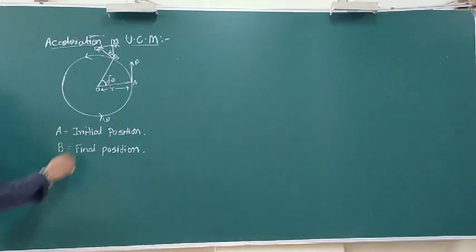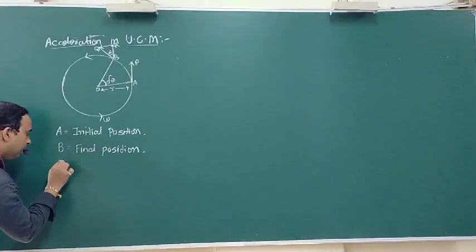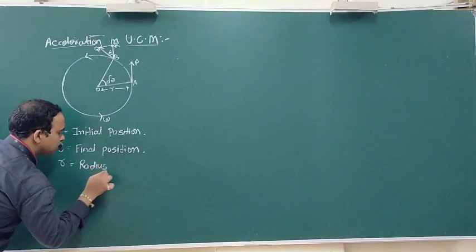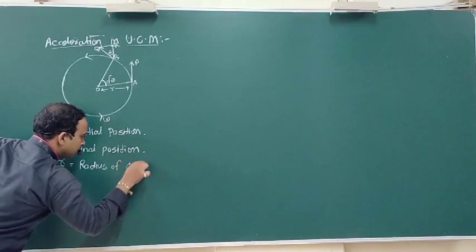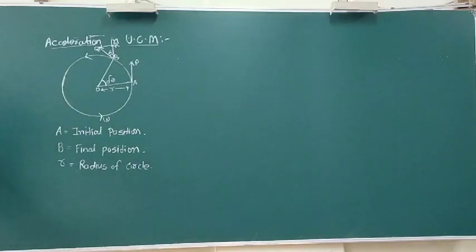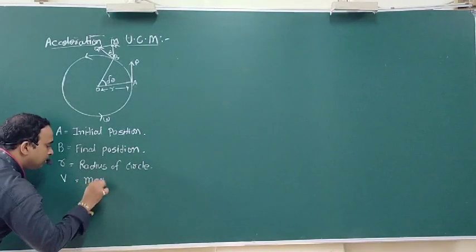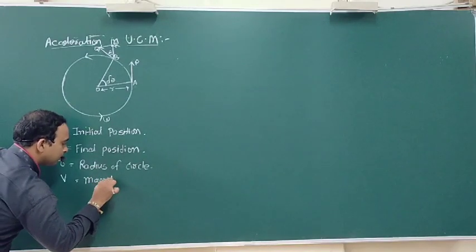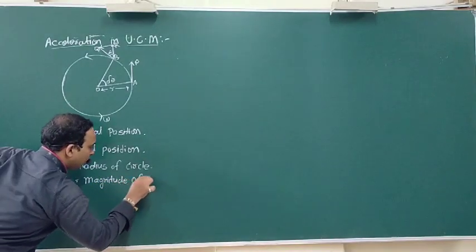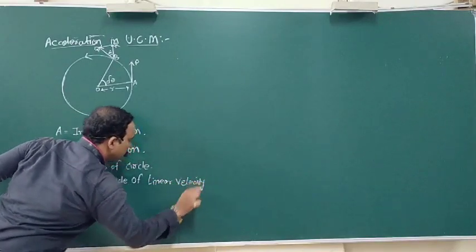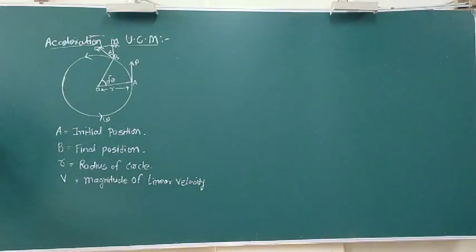Now let r, what does r mean? r be the radius of the circle. V be the linear velocity, that means V be the magnitude of linear velocity.